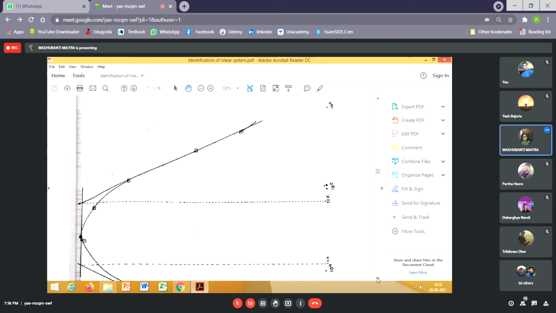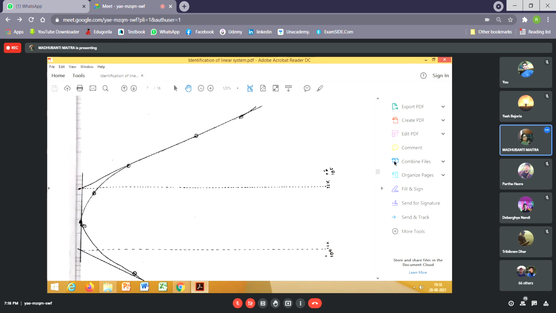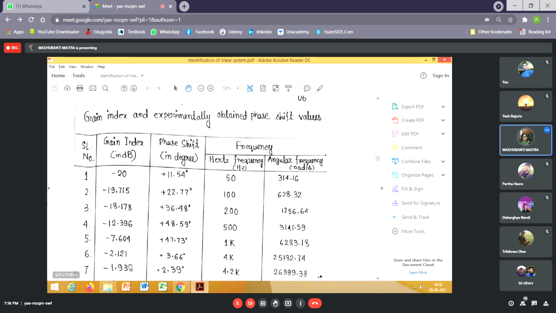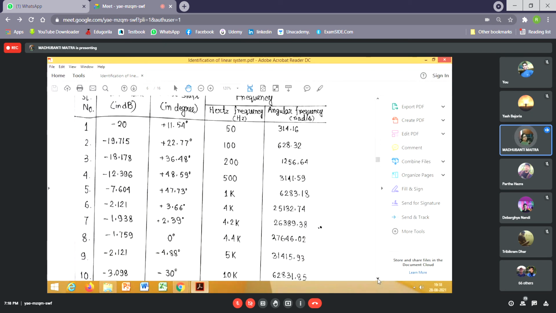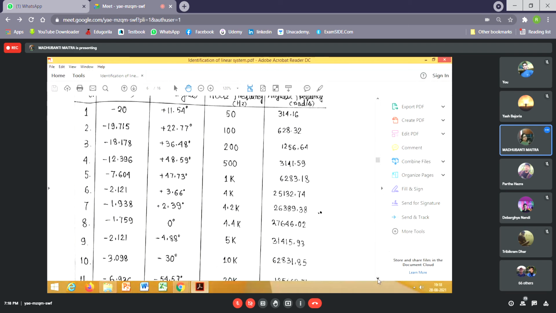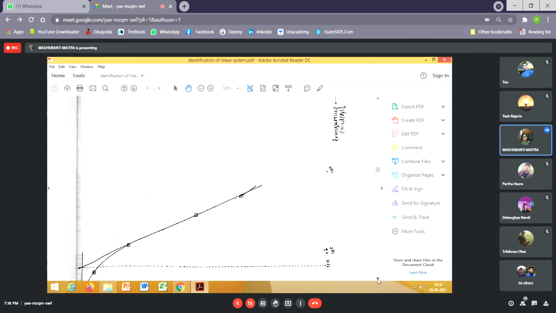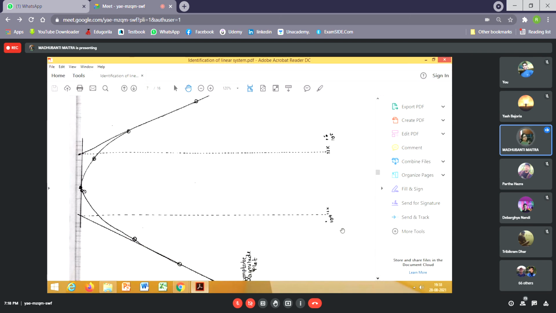So the first plot, as I said, will be a gain versus frequency plot, gain versus angular frequency plot. You see, we have varied the frequency over a wide region. Hence, the Bode plots are drawn on semi-log graph paper. This is the log axis, and the y-axis is a linear one.